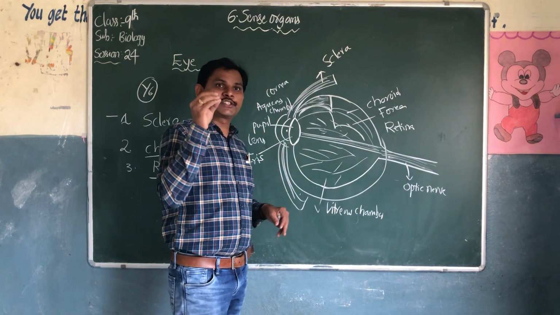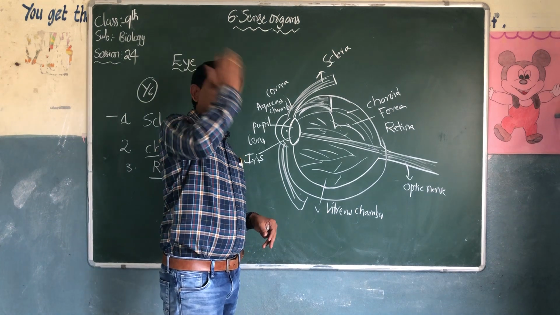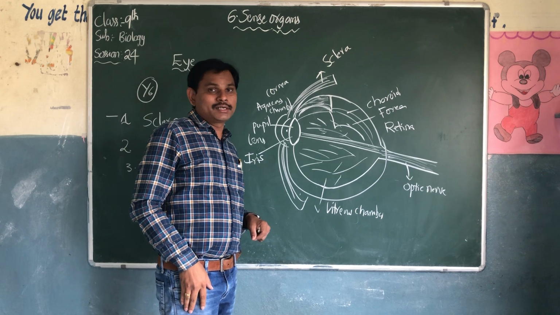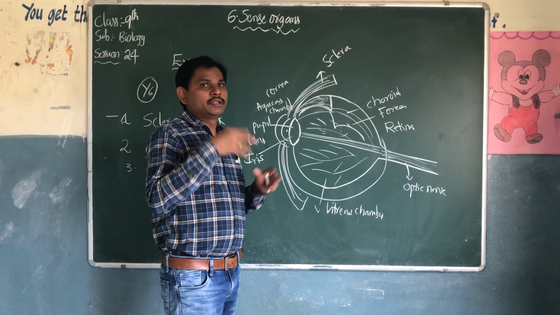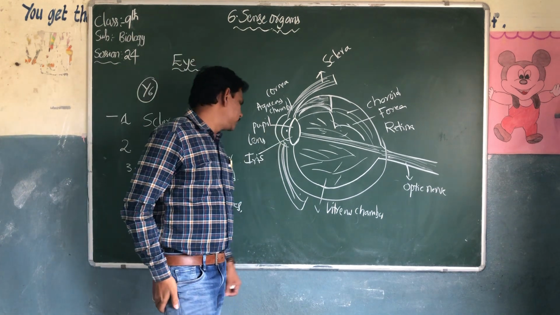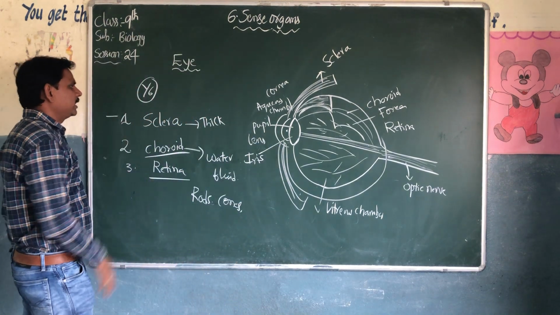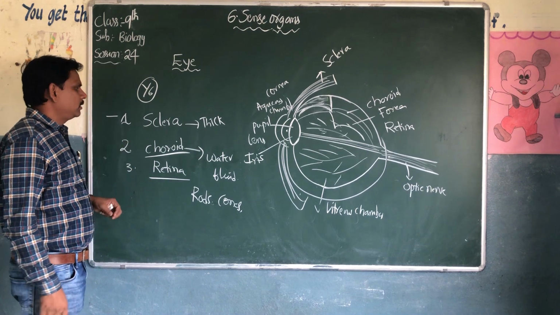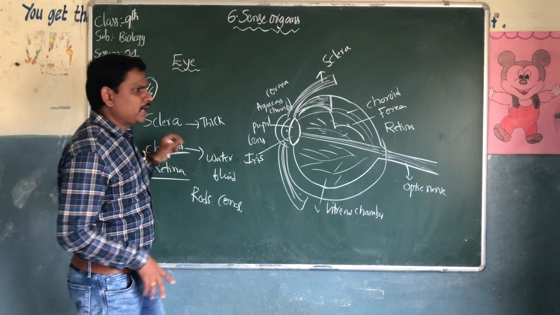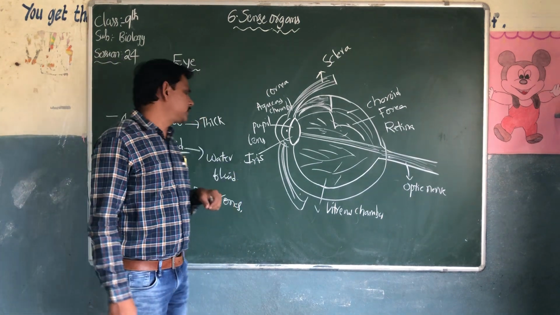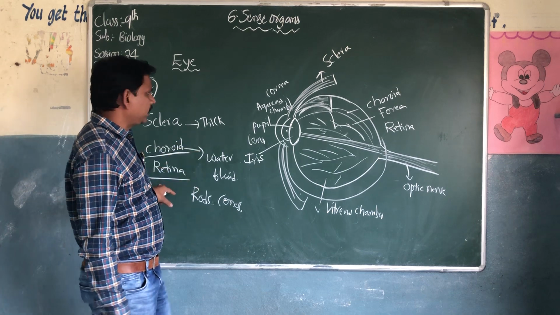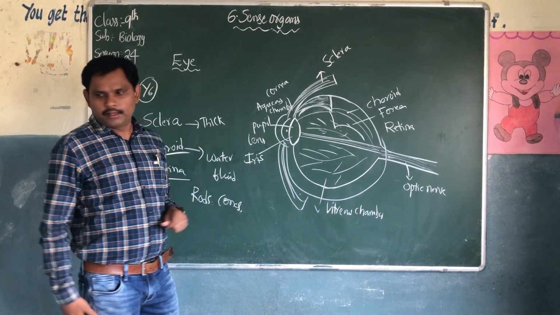The object falls as a reverse image on the retina, then it is converted in the brain, and you can see the clear picture. There are three layers: sclera, choroid and retina. When they ask this question, write about the three layers, draw the diagram and explain simply.